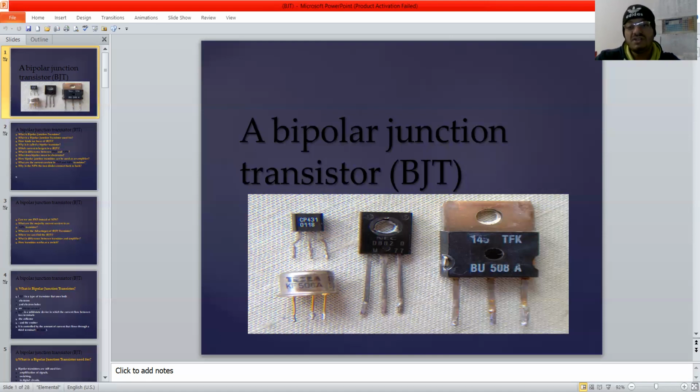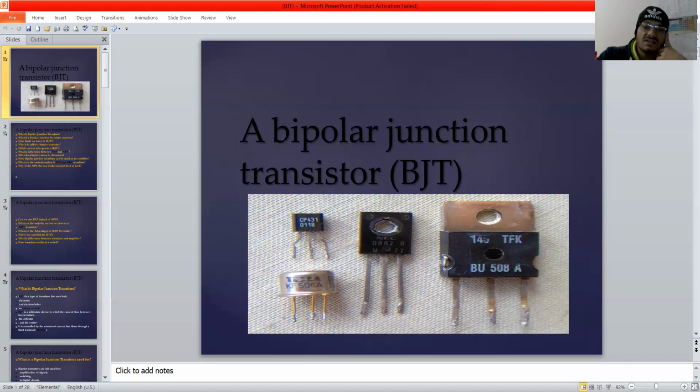Now let's answer another question. What is the BJT used for? Now we know it's a solid state device and has three terminals: collector, emitter, and the last one is the base, and the base will be between all of them. Now, when and where do we use it?